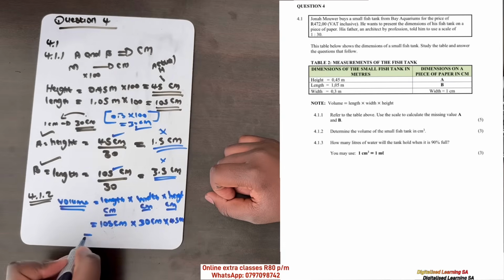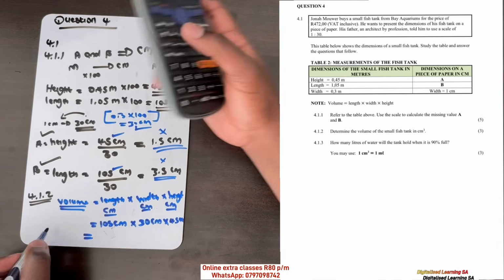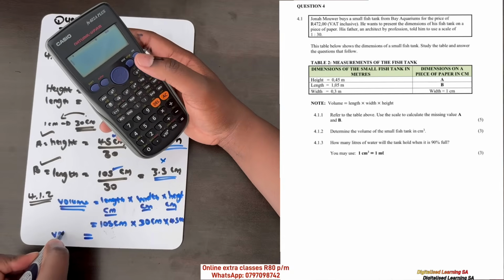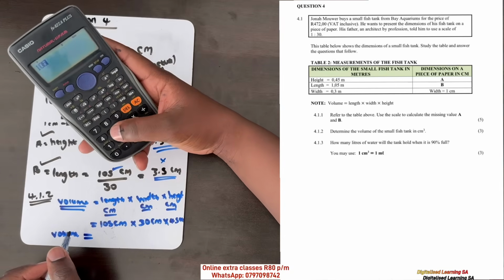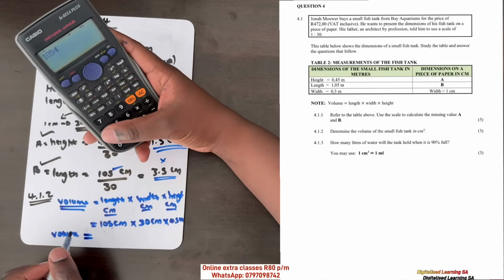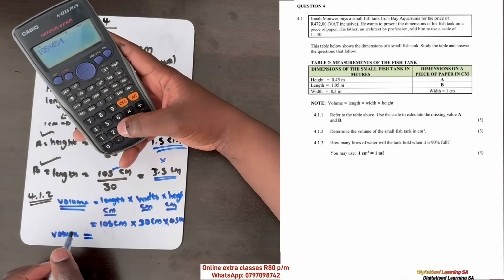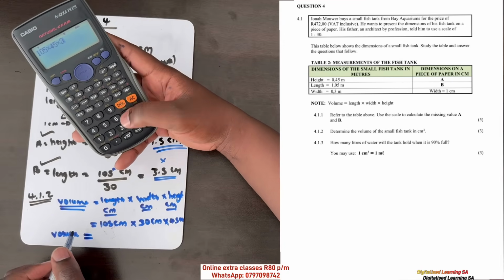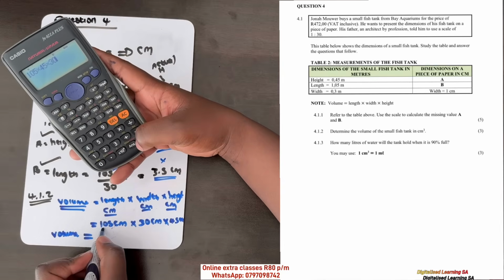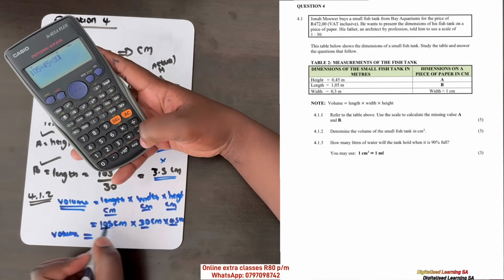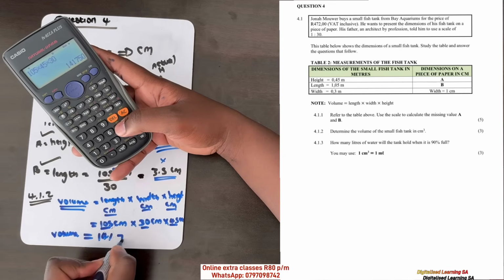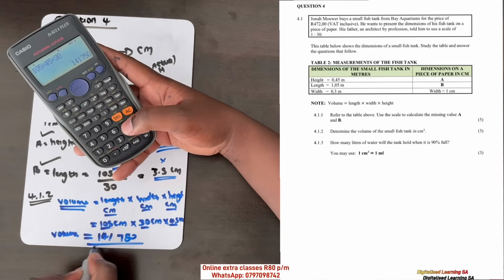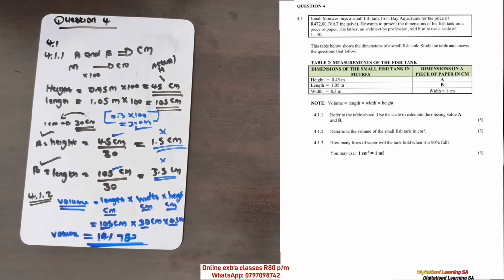Now we just plug this into our calculator to get our volume. Our volume will be 105 multiplied by 45 multiplied by 30. So it's 105, 45, and 30, and it will be 141,750. So this would be our volume.